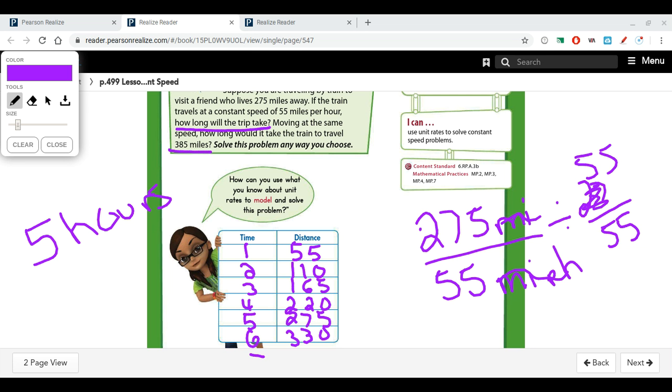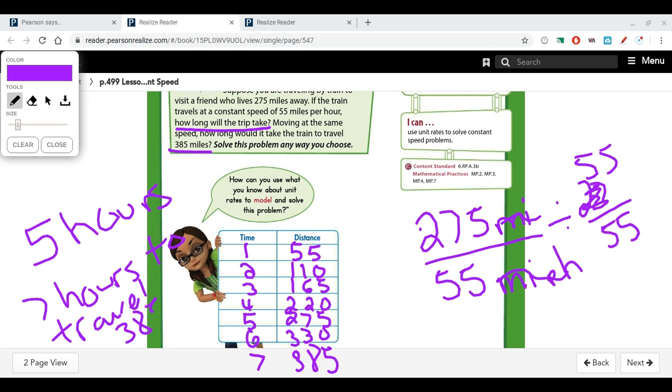And then if I extend the table and go to 7 hours, I end up with 385 miles. So it would take 7 hours to travel 385 miles. Okay, so let's go ahead and take a look at your solve and share.